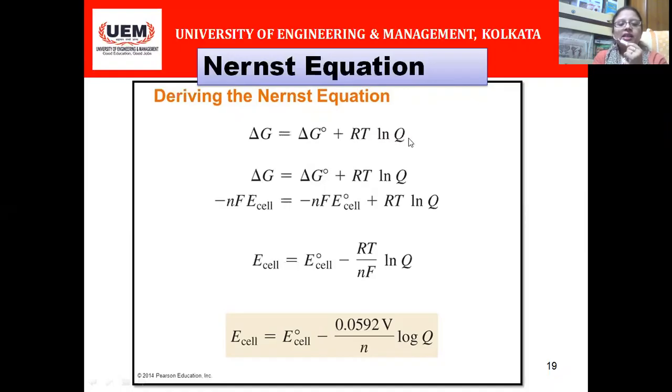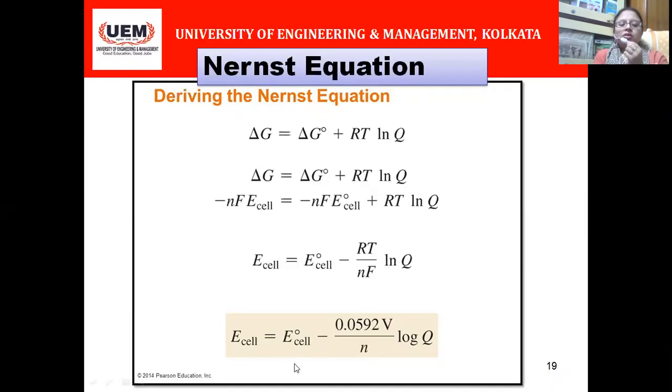And what is RT ln Q? R is the universal gas constant, T is temperature in Kelvin, and Q is called reaction quotient. What is reaction quotient? It is the concentration of product divided by the concentration of reactant.